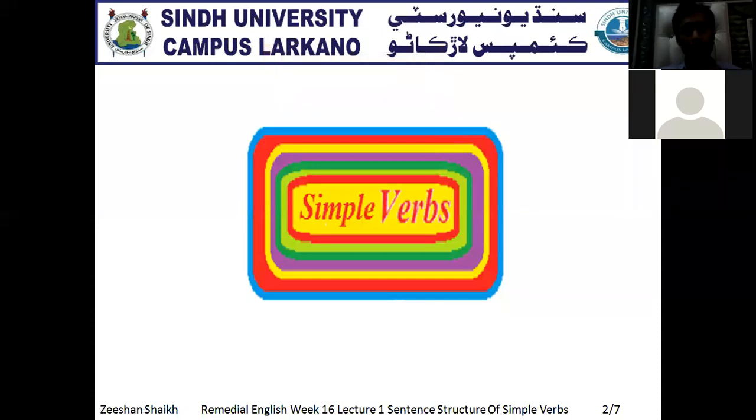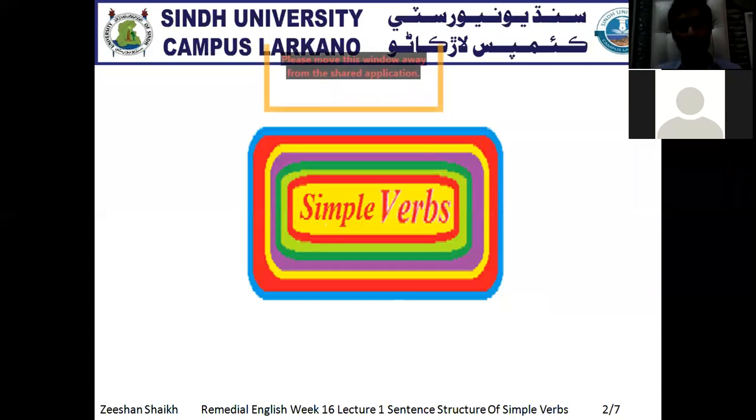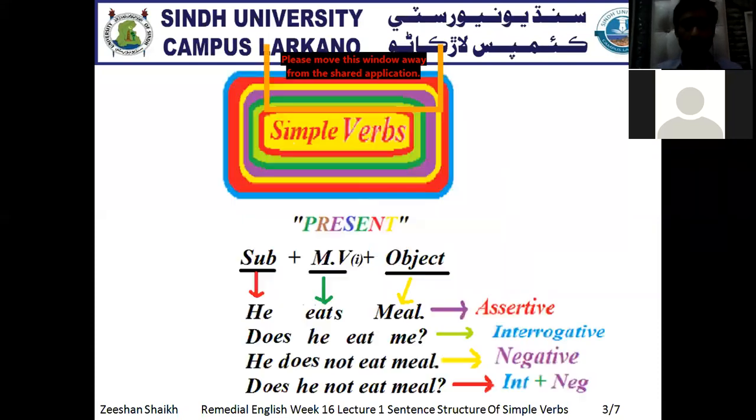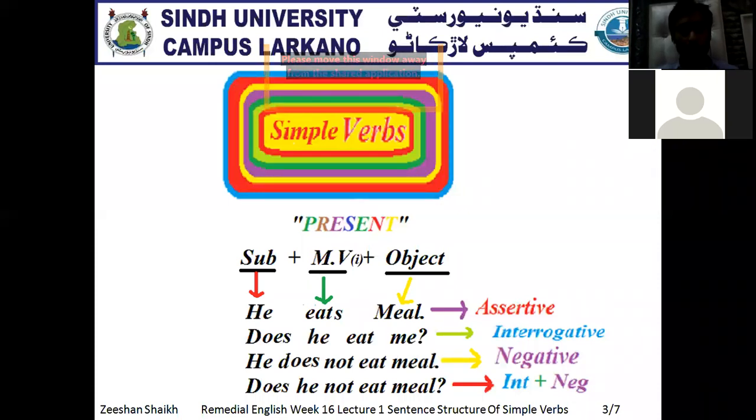Now, in our previous classes I told you the definition, the explanation, and the usages of simple tense, that where do we use present simple tense, and what are the basic uses of simple tenses. Now, there is a structure or formation of present simple tense: whenever we are writing a sentence, we have to give the subject first.